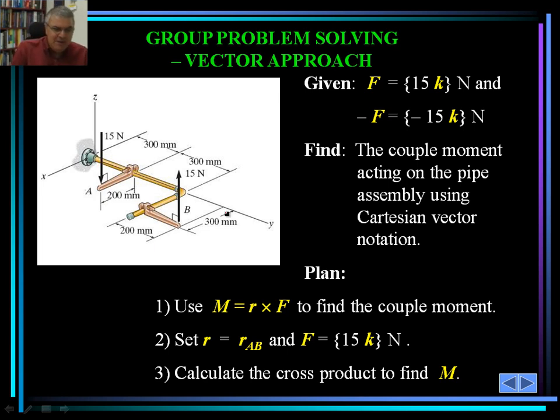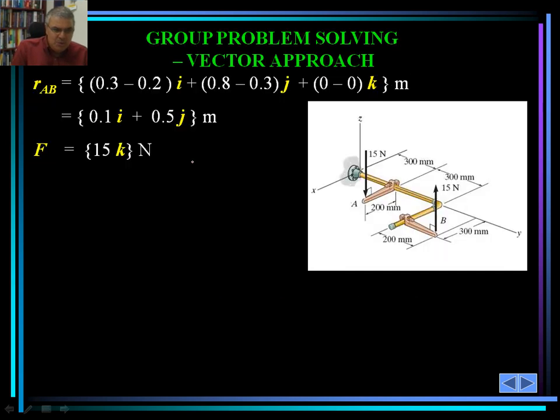Then we would set R as our position vector, R sub AB, and F as 15 Newton, and we would calculate the cross product to find the M. So let's see, the position vector R sub AB is shown as such. The good news is this component would drop out.